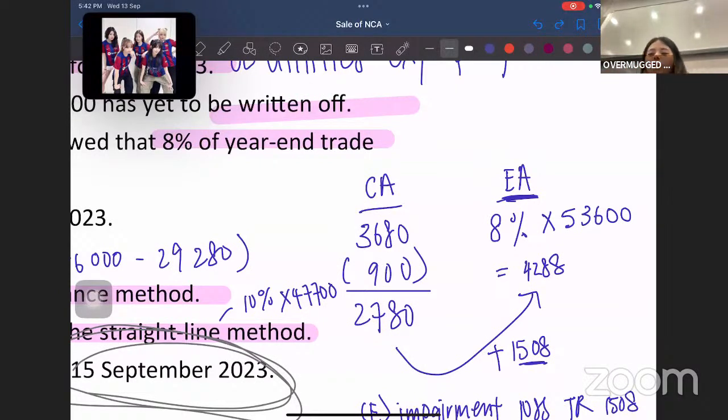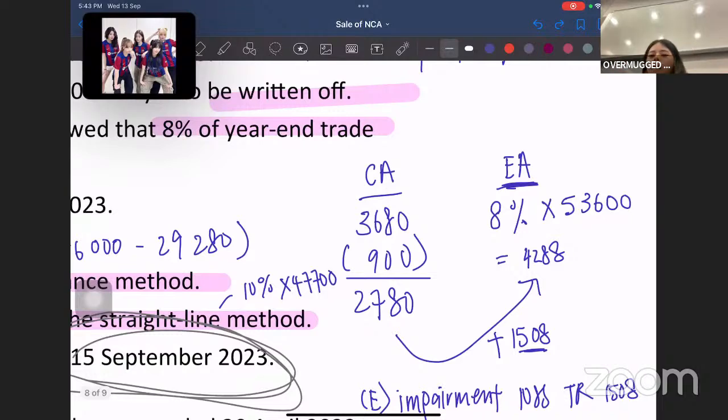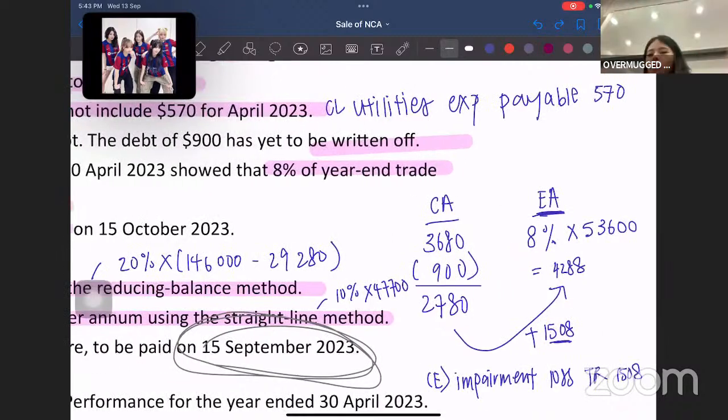Okay, I hope that answers your questions. So this is the term that I usually use lah. So if you are my student, you will keep hearing all these terms lah. Okay, so this current allowance and then ending allowance. Okay, current, ending.